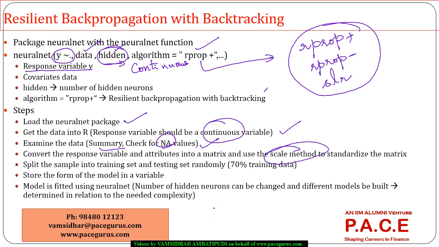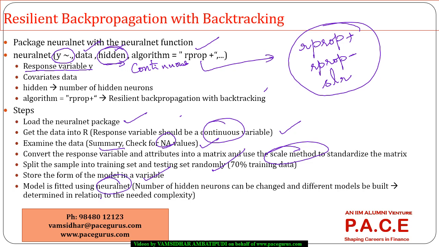All the response variables as well as the explanatory variables, all of them we have scaled. Then we have split the data into a training data set versus the testing data. We have splitting of approximately 70% into training and the remaining into a testing set. We have stated and stored the form of the model, right? The formula we have stored as a part of F.